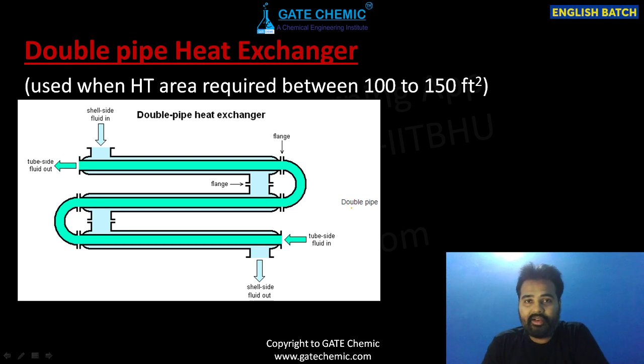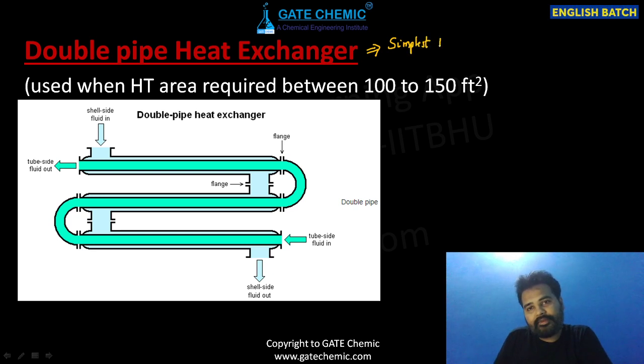Generally in all chapters I give you the classification first, then explain. But in heat exchanger, I'm not going to give you the classification first. I'm going to start like a story first. So this is the double pipe heat exchanger. This is the simplest type of heat exchanger, beta.